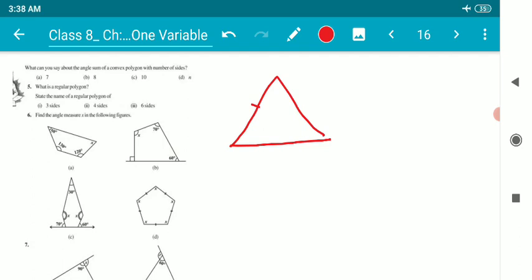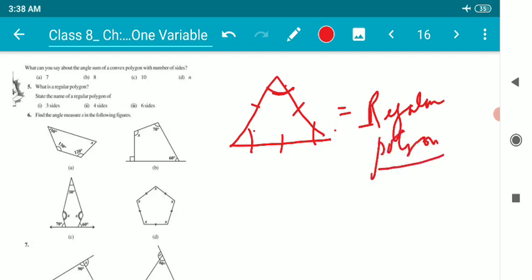Suppose this side and this side measure the same, and this angle and this angle measure the same. So this is not a simple triangle, it is a regular polygon, or regular triangle.